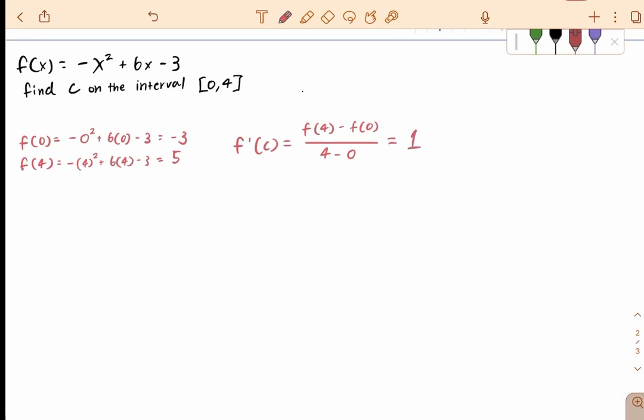Now, over here, let's find our derivative or our tangent slope from the equation given. So we'll start with f prime of x is kind of intuitively equal to negative 2x plus 6.